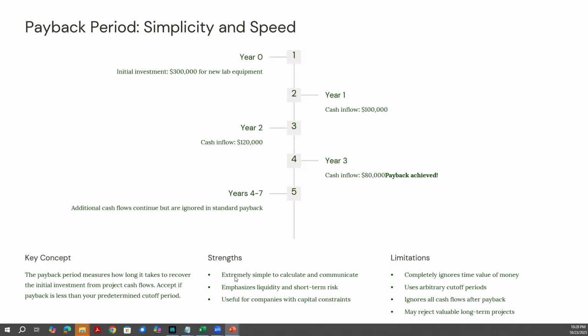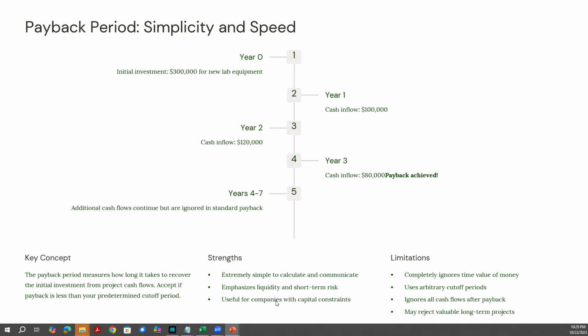Of course, the great thing about the payback method is it's extremely simple to calculate and communicate. In fact, a lot of people think in those terms. How soon can I get my money back? Right? It's highly focused on liquidity because the sooner you get your money back, the more liquid you are, and it focuses on managing short-term risk because the sooner you get your money back, the less likely things can go wrong.